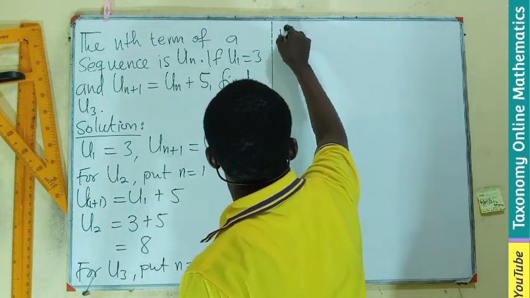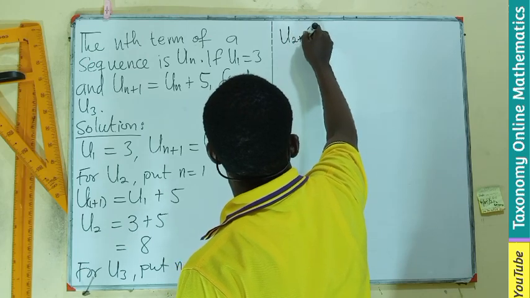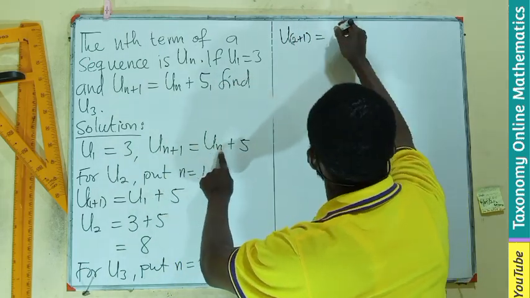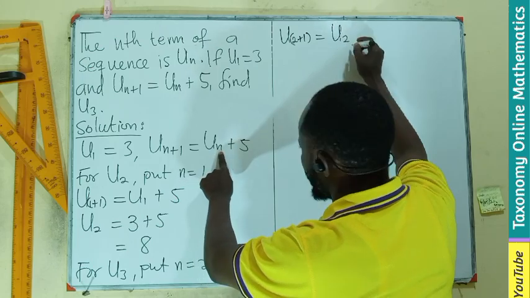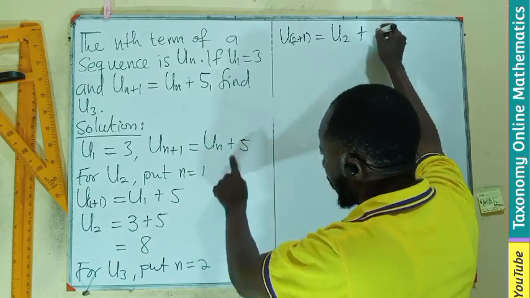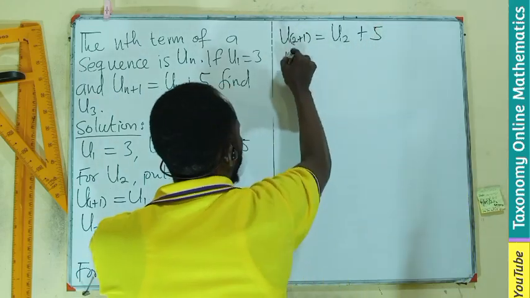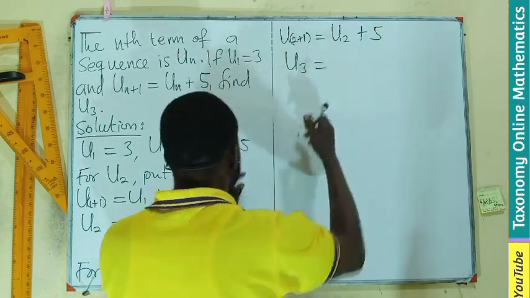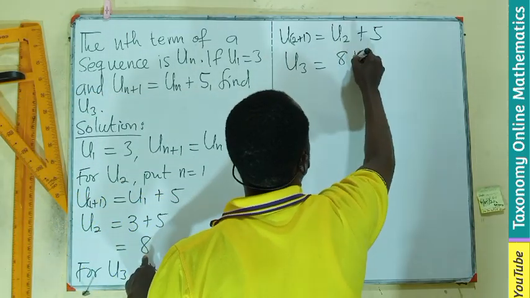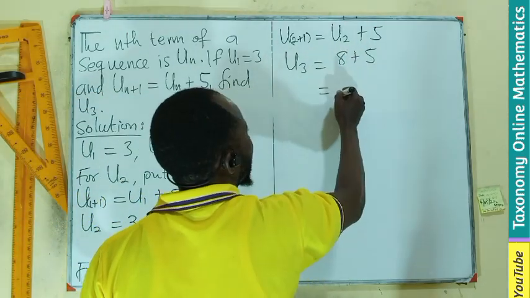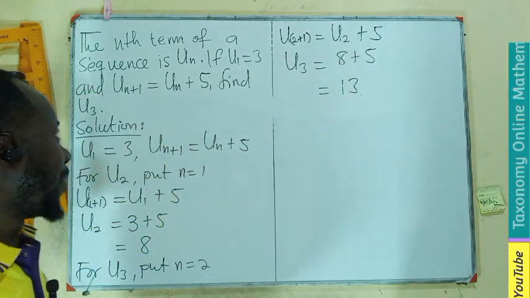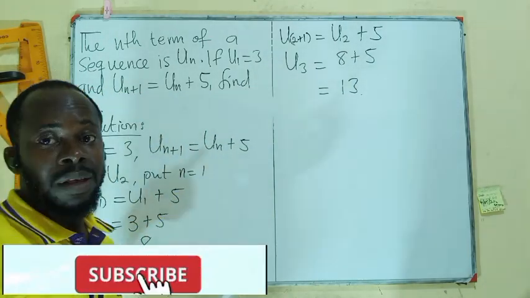That means your u subscript 2 plus 1 is going to be u2, where we put n equals 2, plus 5. u2 has been found as 8, so 8 plus 5 gives us 13. So we can say that the third term of this sequence is going to be 13.